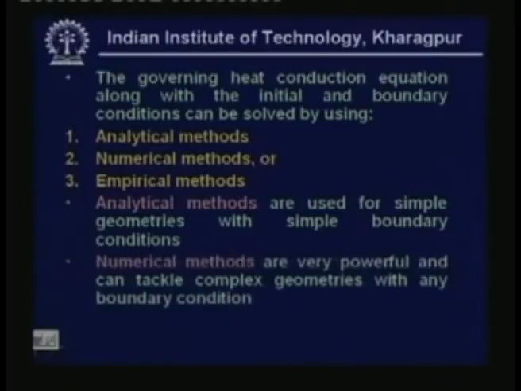Whereas the numerical methods are very powerful and they can tackle complex geometries with any boundary condition. You can use numerical methods for any shape of the building or any type of boundary conditions. However, numerical methods are in general more time consuming, and they are not 100% accurate, unlike analytical methods.